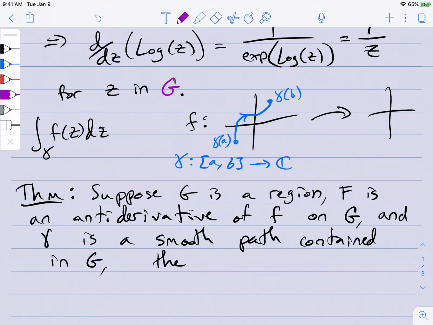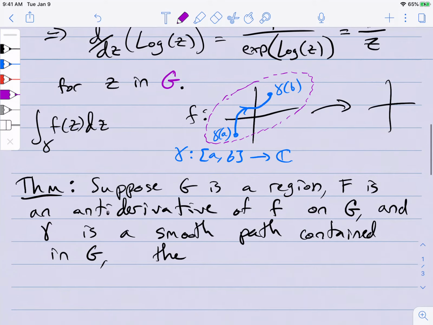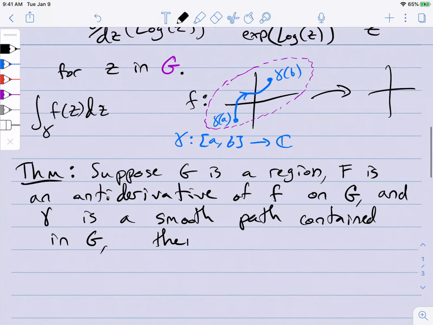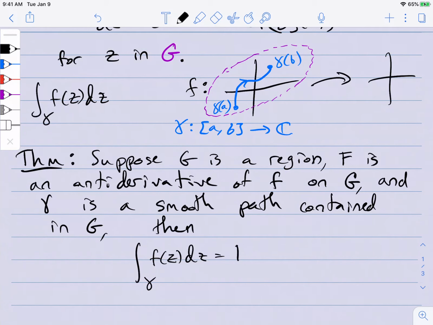So maybe f is defined on some domain G like this. I need my path to be within the region. And then if I have an antiderivative on that region as well, then the path integral over this path is obtained just as the difference of the antiderivative function evaluated at the two endpoints of the path.